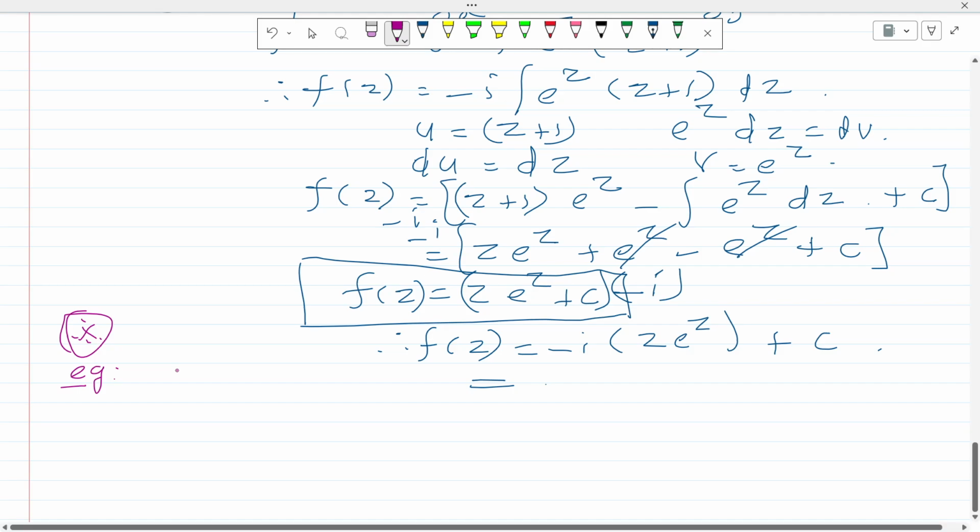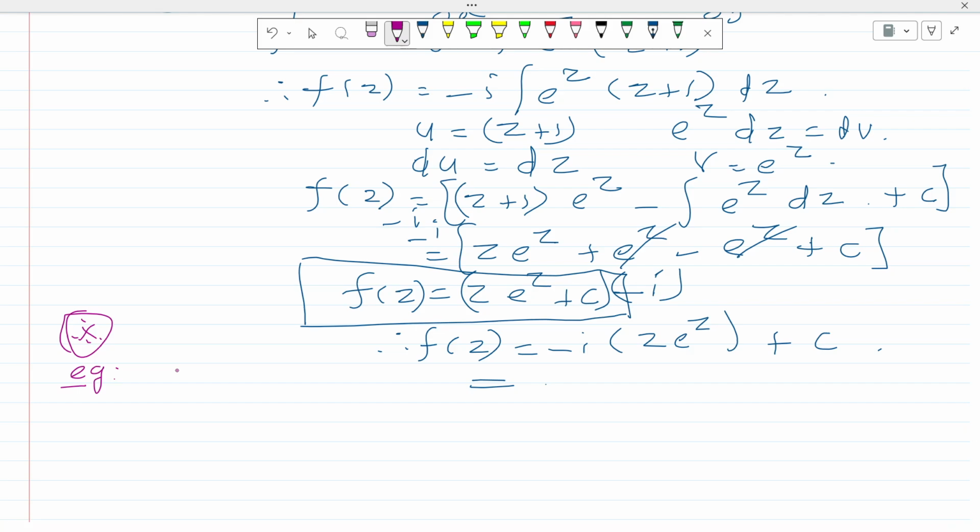V is the harmonic conjugate of U. U is the harmonic conjugate of V. So the problem may come based on this harmonic conjugate, and construct the analytic function. See that example.